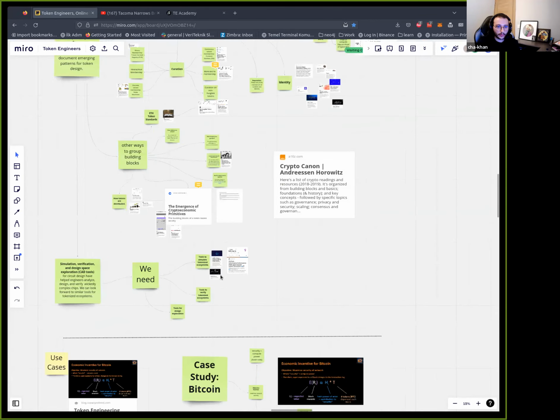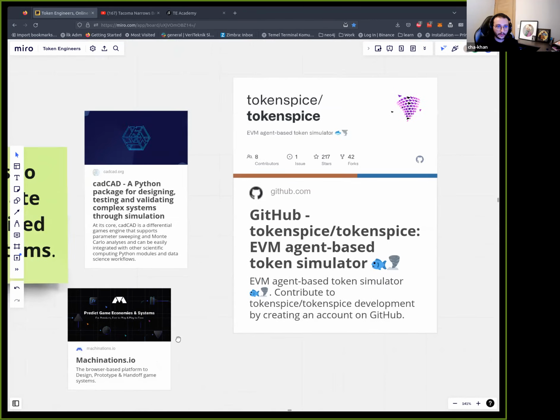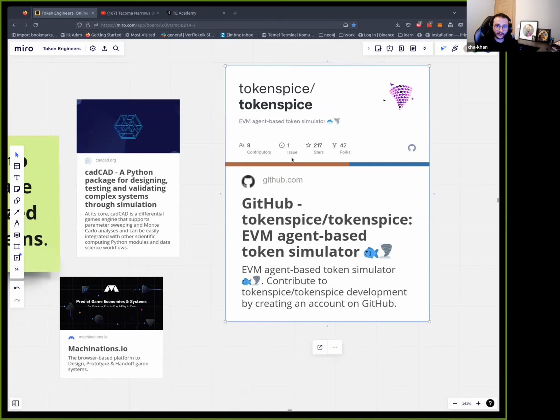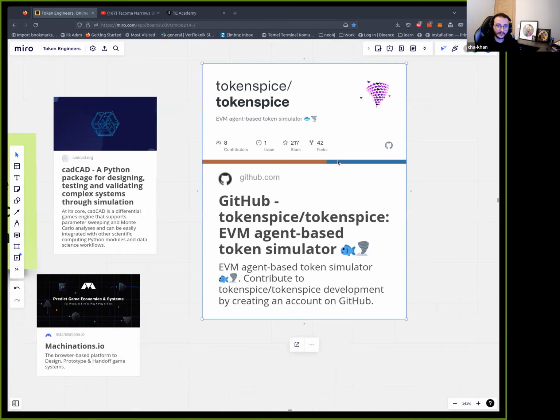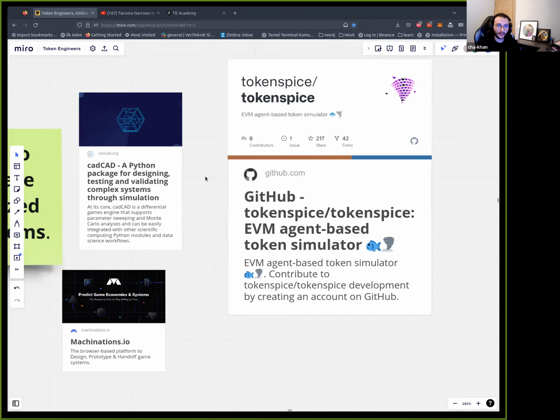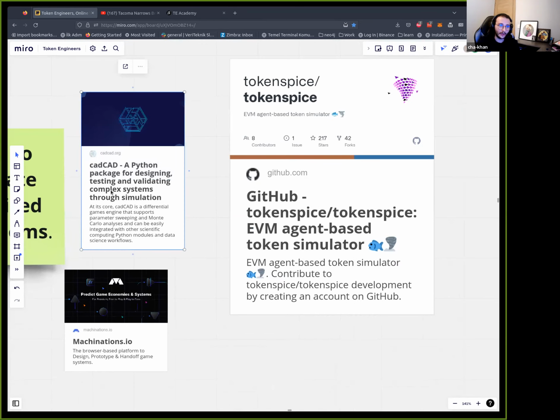And on our way, we use tools that are very similar to what we use in electrical engineering. One is TokenSPICE, which lets you simulate tokens on the EVM, so we can't really use this one here. There's a Python module called cadCAD that you can use to model complex systems.